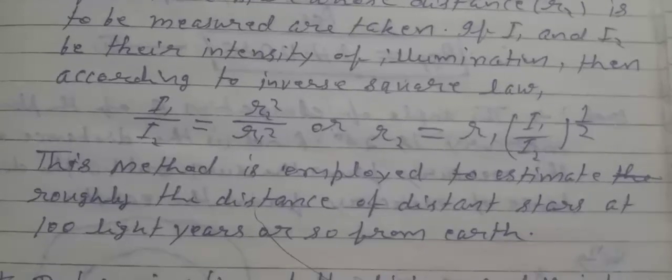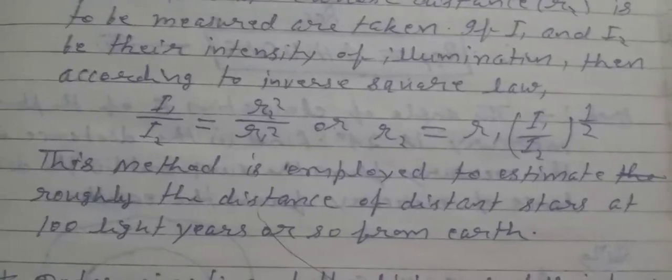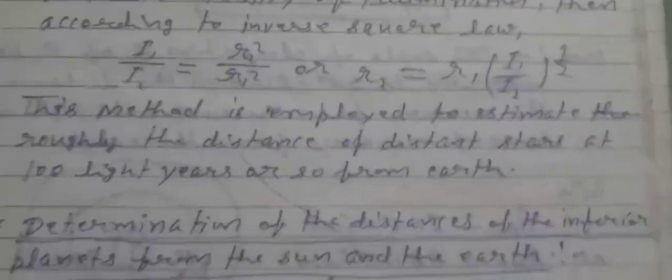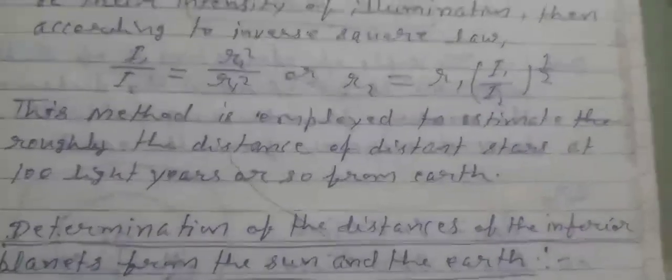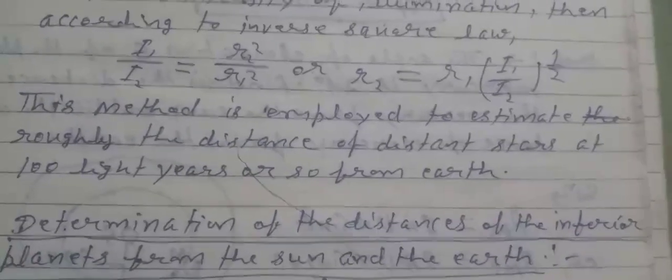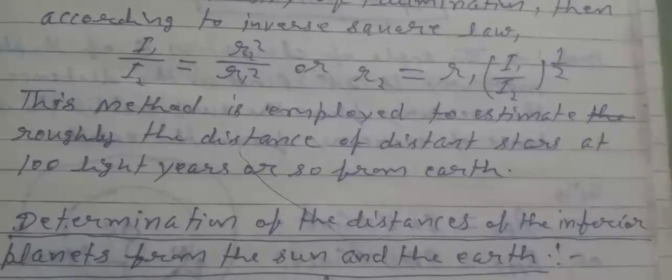Using this formula, we can calculate the unknown distance of an unknown star. This method is employed to estimate roughly the distance of distant stars at 100 light years or so from Earth.